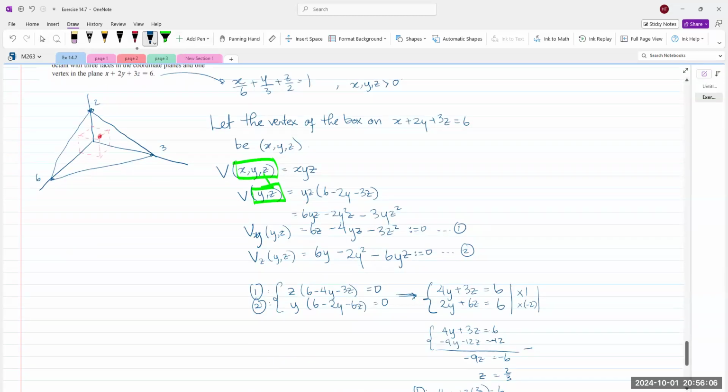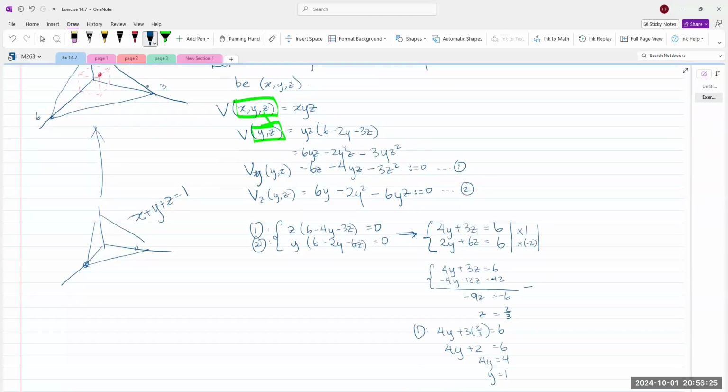Imagine, instead of this plane already there, this plane at 1, 1, 1. So the equation of that plane is x plus y plus z equals 1.